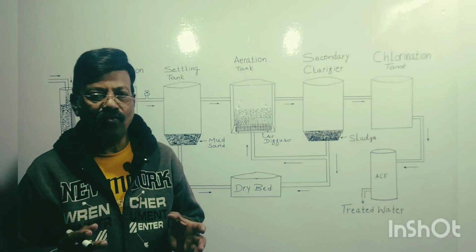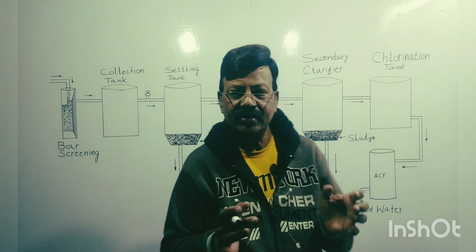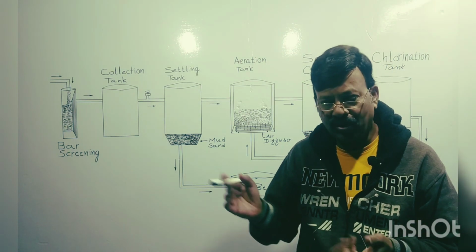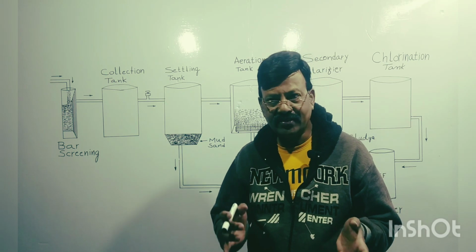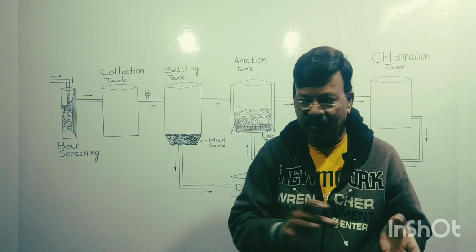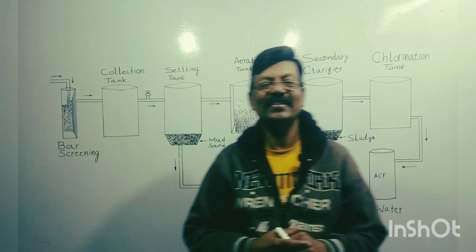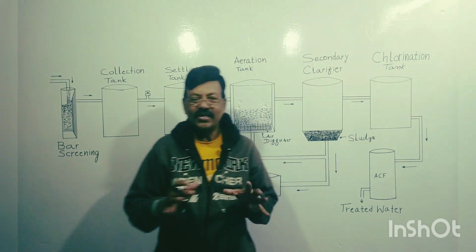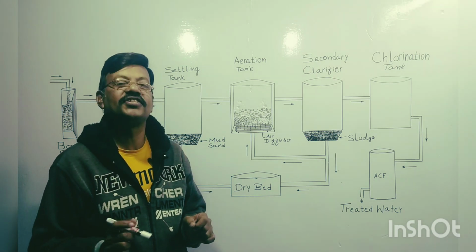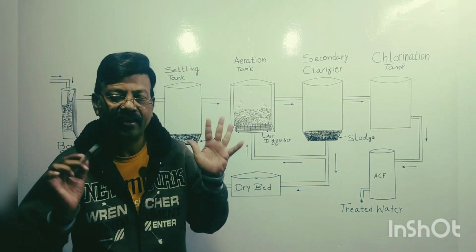In this entire world, people generally know that liquor is nothing but whiskey, brandy, rum and so on. Mixed liquor in the sense you mean a little bit of whiskey, a little brandy, a little rum is mixed in a glass? No, it's not like that. Mixed liquor is a mixture of raw sewage and activated sludge in the aeration tank.